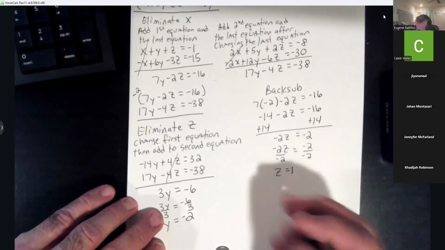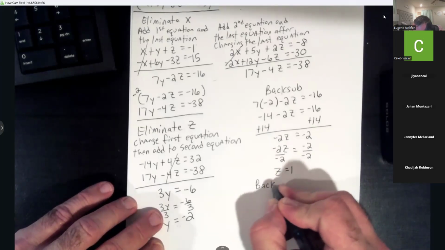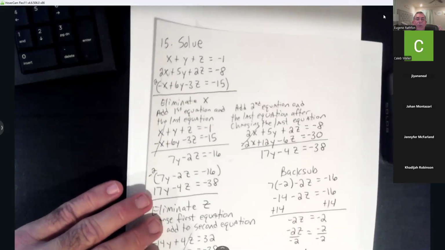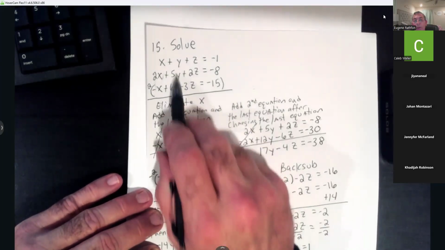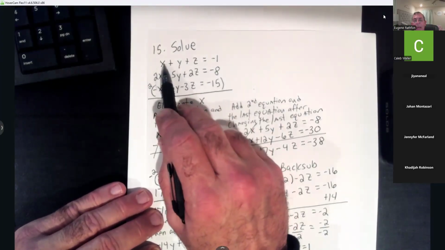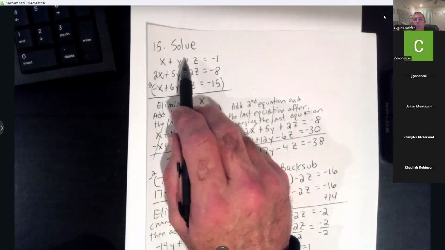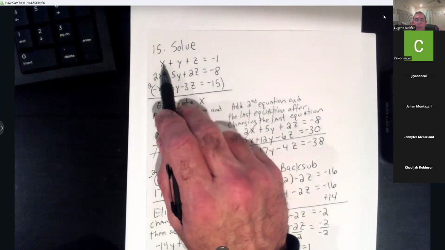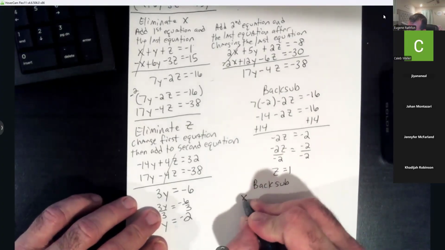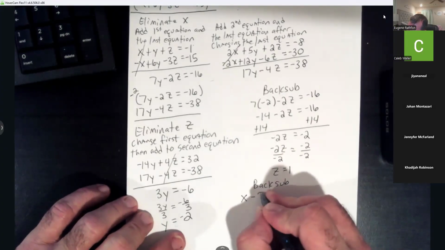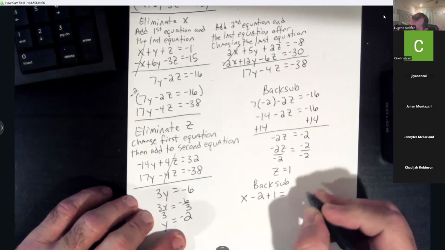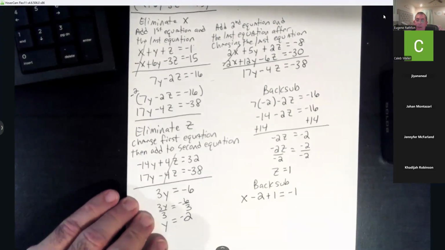And finally, I can back substitute. I'm going to back substitute into one of the three original equations because I know what y and z are. So I'm going to get the x. I'm going to plug in for y, plug in for z, then solve for x. So we don't know x. I know y was negative 2. z was a positive 1. All that's going to equal negative 1.